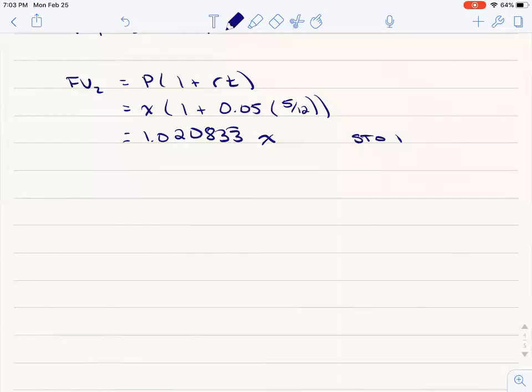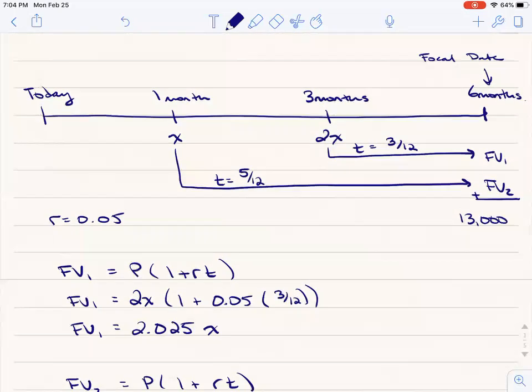What we know is that future value 1 plus future value 2 has to equal 13,000, because that's what we established over here. The total of those future values has to be 13,000. That's the whole goal of this.